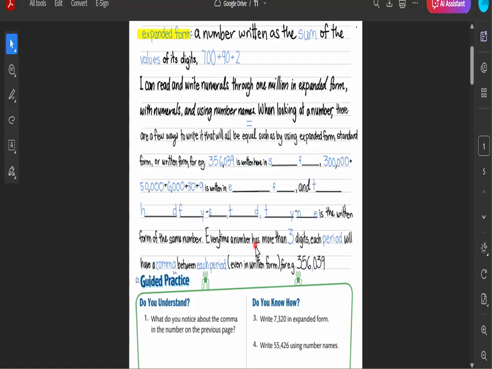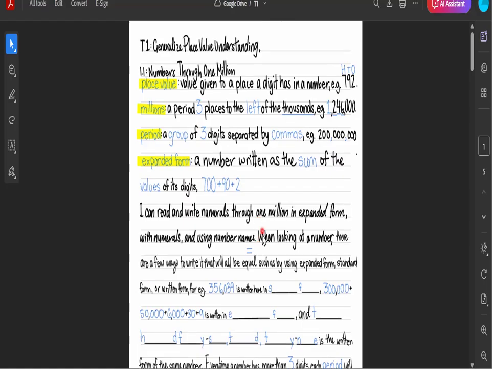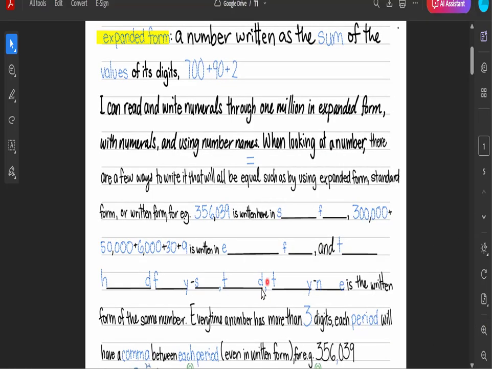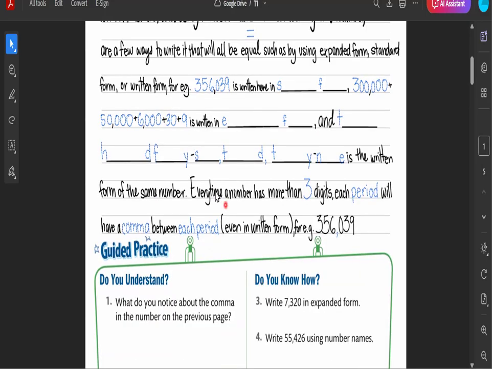Every time a number has more than 3 digits, each period will have a comma between each period. So even in written form, this is one of the reasons why you'll notice there is a comma there. Let me see if I can zoom in a little bit for you. There is a comma right there. That way you can tell that it is a new period, a new group of numbers, a new part of the number.